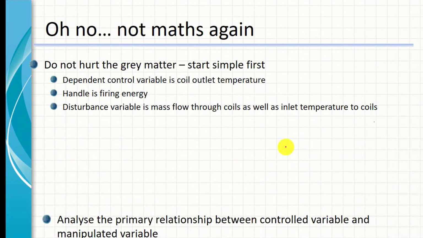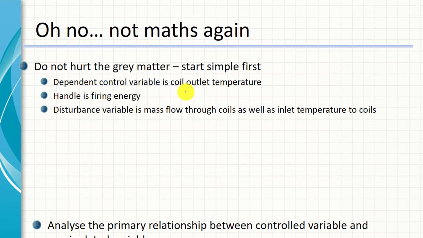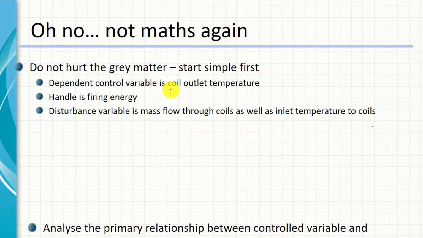Okay, so the first thing is we need to set up an energy balance. Your dependent or control variable is the coil outlet temperature. That's the thing we're trying to control. What are you manipulating? It's Q, and you do that through your fuel gas. And your disturbance variables are the mass flow through the coils as well as the inlet temperature.